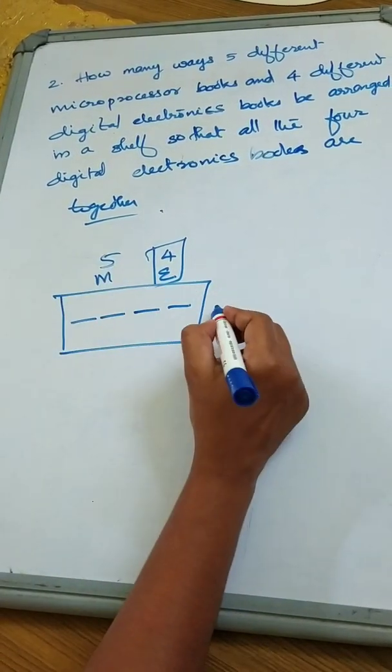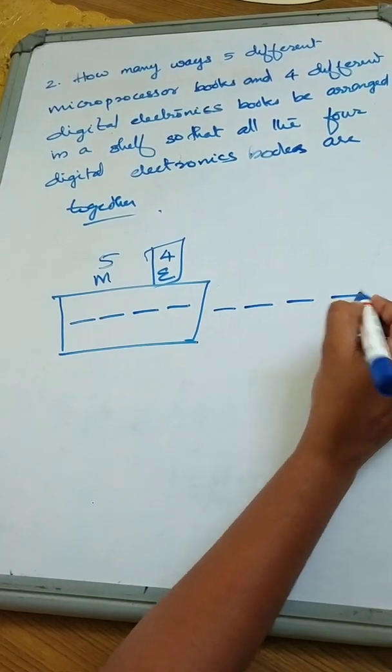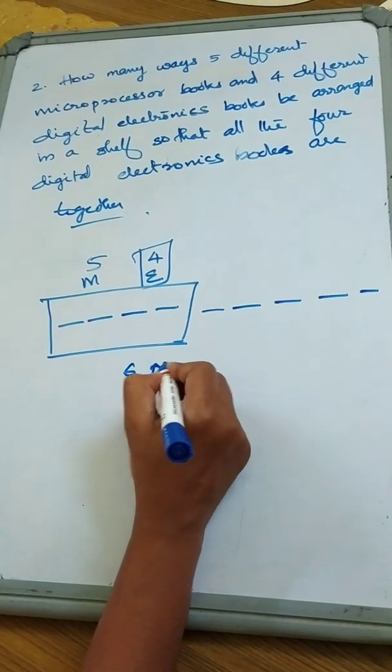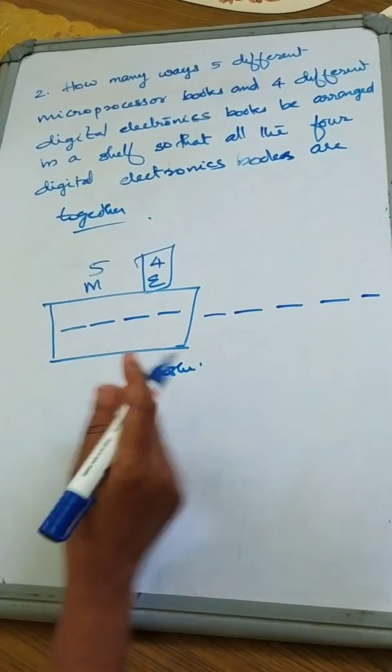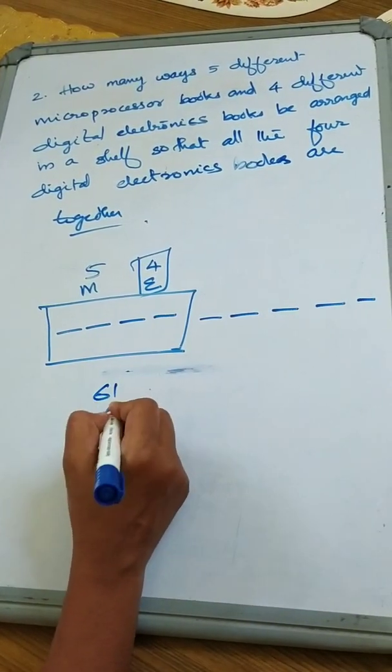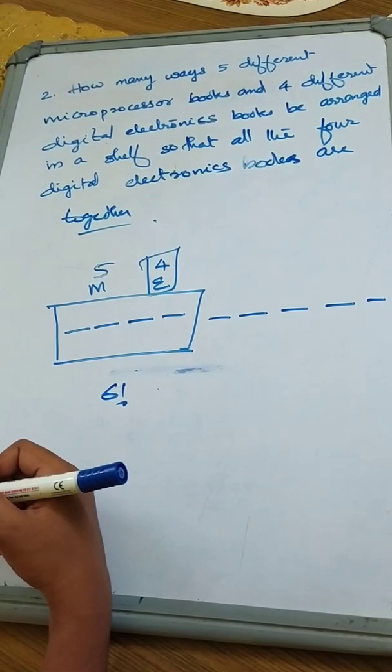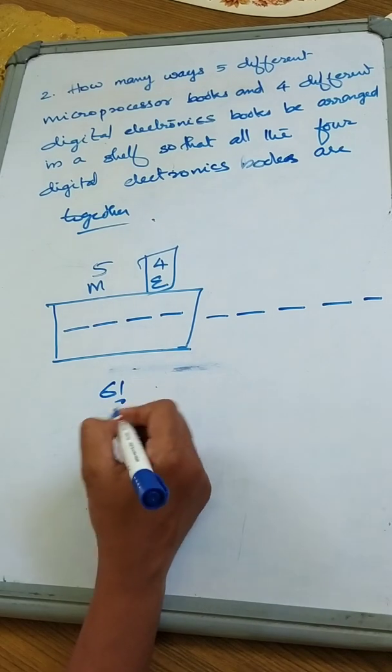And there we have another 5 microprocessor books. So altogether there are 6 positions. These 6 can be arranged in 6 factorial ways.